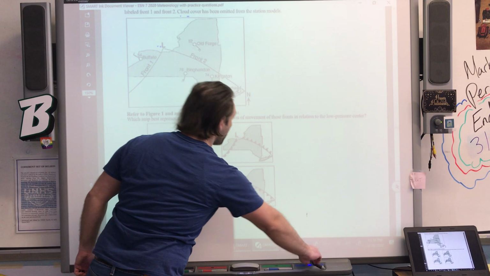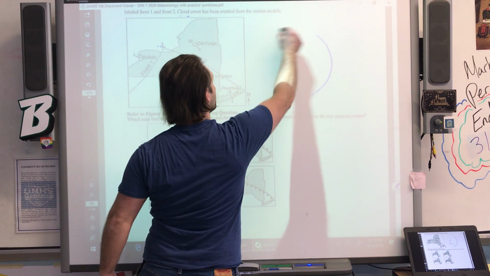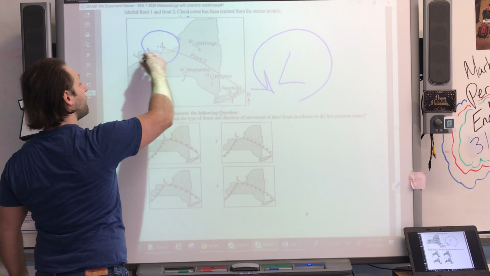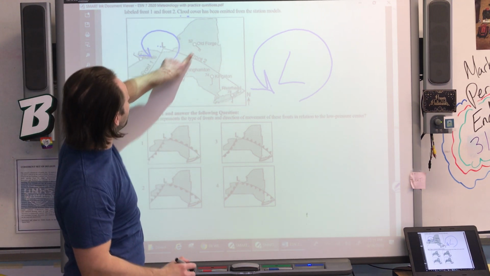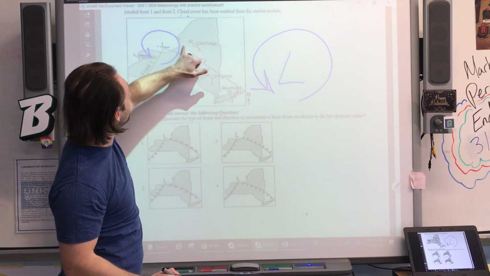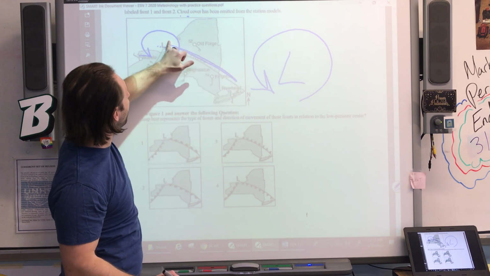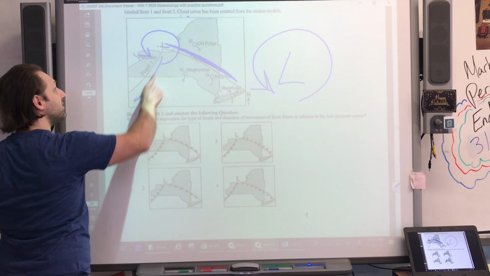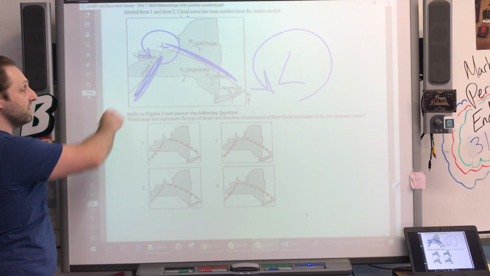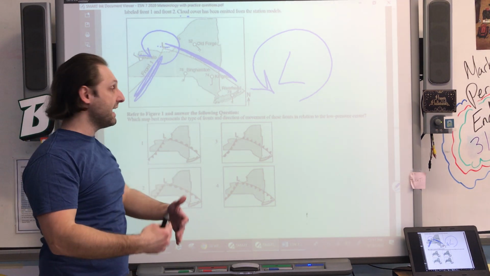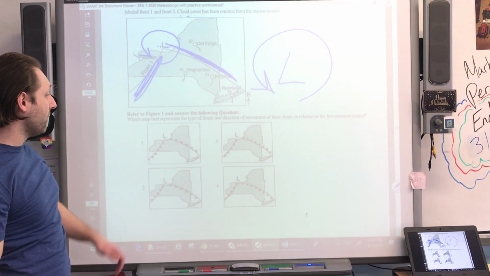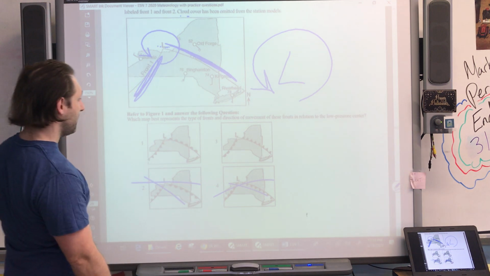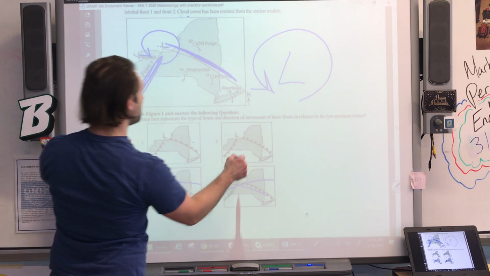All right, well, we know our low pressure center is rotating counterclockwise. So if it's counterclockwise, that means this is going this way. So I better make sure that my symbols are on this side of this front 2, and my symbols are on this side of front 1, the leading edge. So do I have any that are not that way? Yeah, this one. Now I gotta compare between these 2.